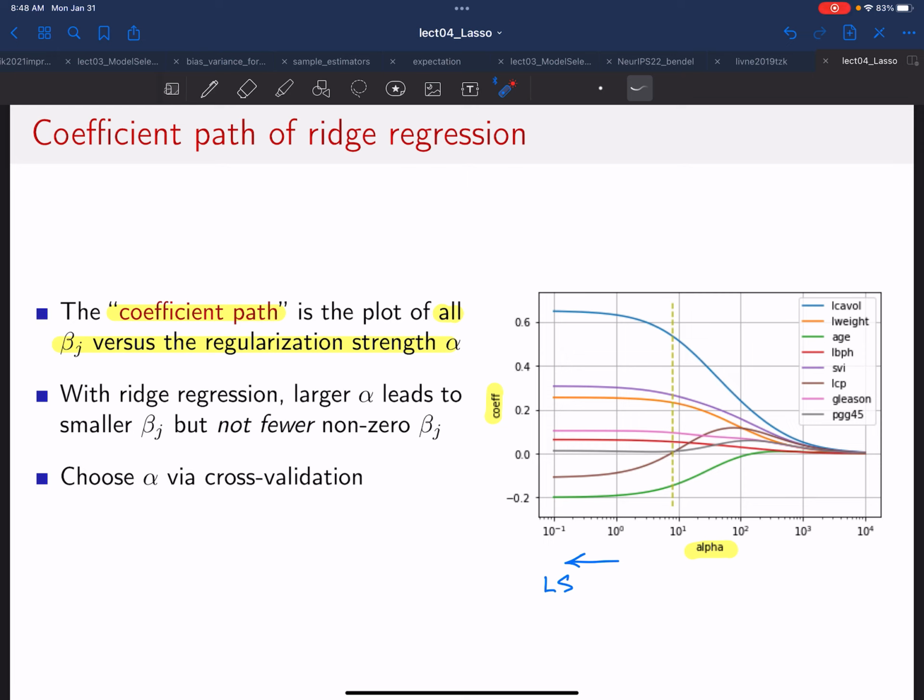And of course, the interesting stuff is in the middle. So when we do this cross-validation, it turns out that we'll find that this alpha is optimal, and that's what the dashed line is there to indicate.